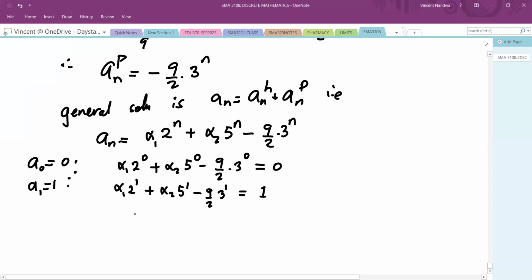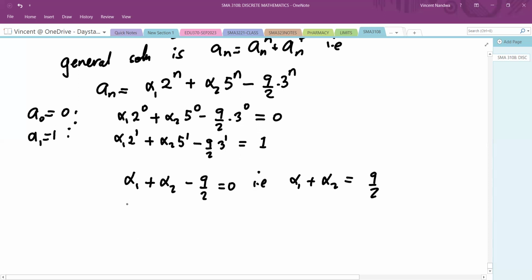So from this first line, we'll have alpha 1 plus alpha 2 minus 9 over 2 equals 0, i.e. alpha 1 plus alpha 2 equals 9 over 2.